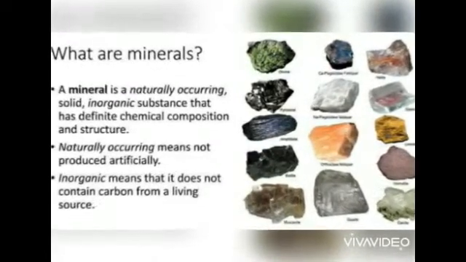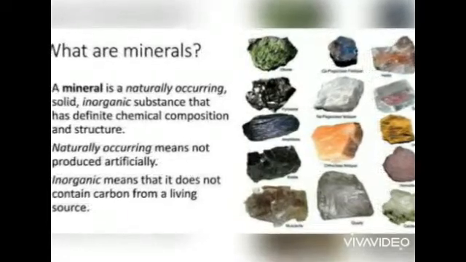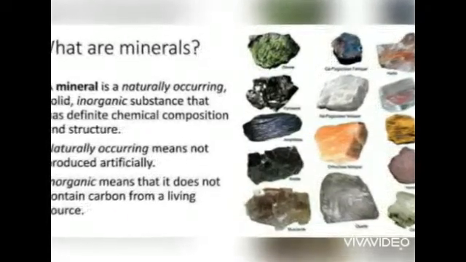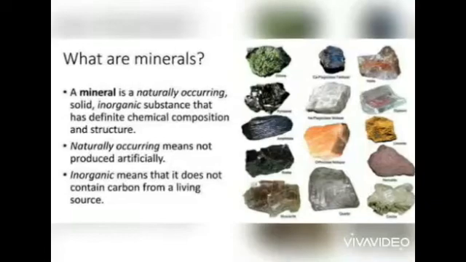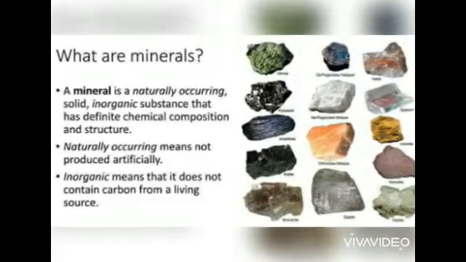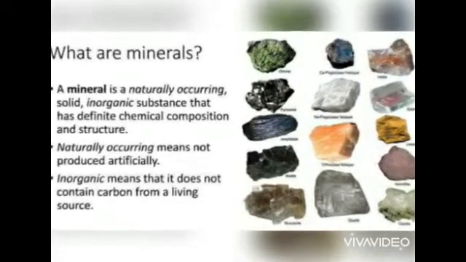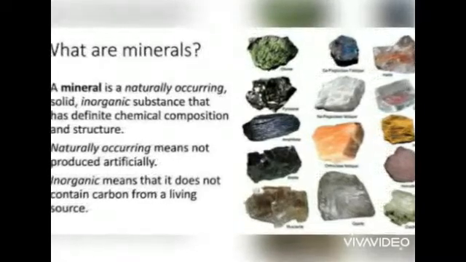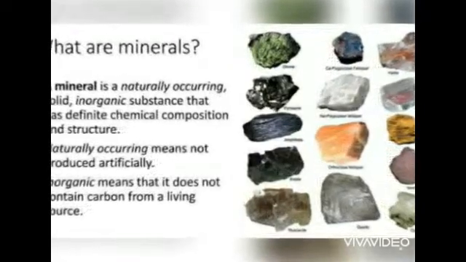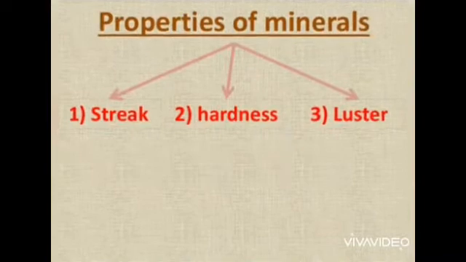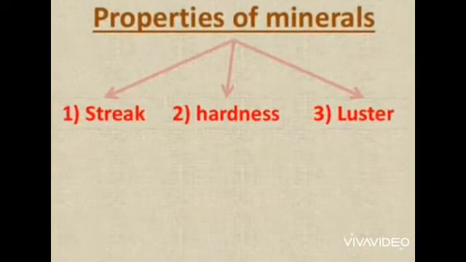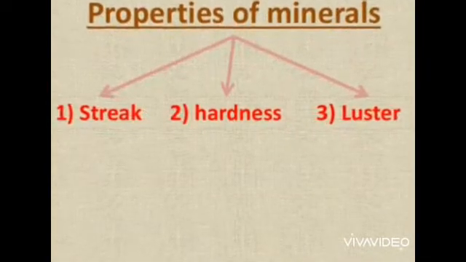Inorganic means that it does not contain carbon from a living source. That means there is no mixture from anything, be it plant, animal, bird, anything. It's just by itself. So, boys, now let us understand the properties of minerals that are present in the rocks.